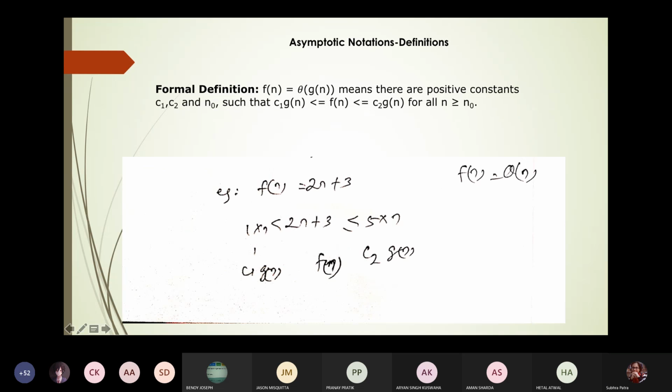Similarly, if you take this condition for theta n, which is the average bound case, here exactly one value should be valid for our case. We are taking the same function. The definition says there should be positive constants c1, c2 and n0 such that f of n is greater than or equal to c1 g of n and less than or equal to c2 g of n, for all n greater than or equal to n0.